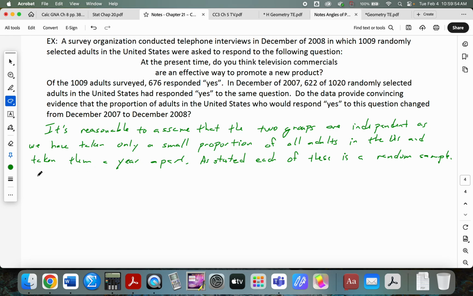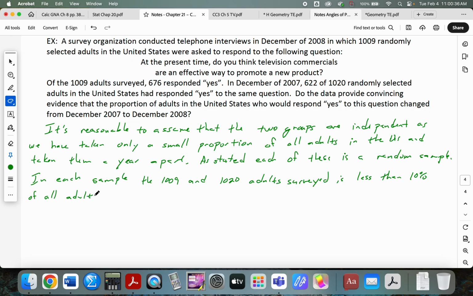Yeah, so in each sample, the 1,009 and 1,020 adults surveyed is less than 10% of all American adults, or adults in the US. We'll do that. Fewer letters.